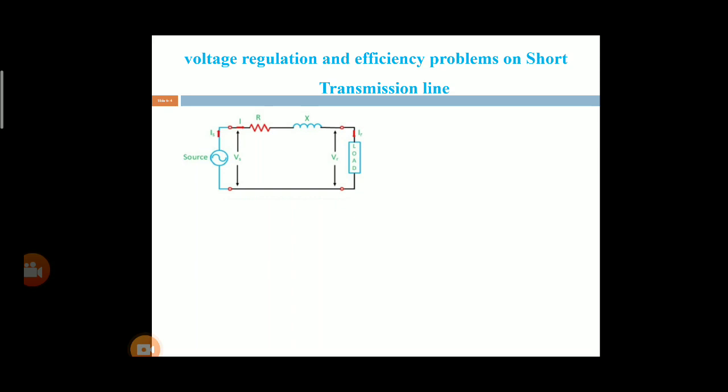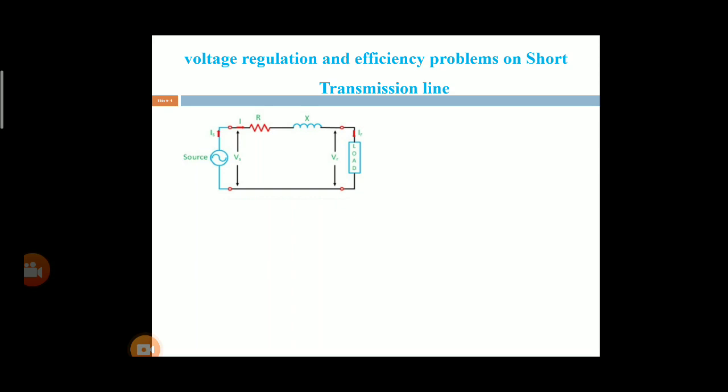Next, coming to the equivalent circuit of the single phase transmission line. In the short transmission line, only the resistance and reactance parameters are there and the capacitance value is neglected.